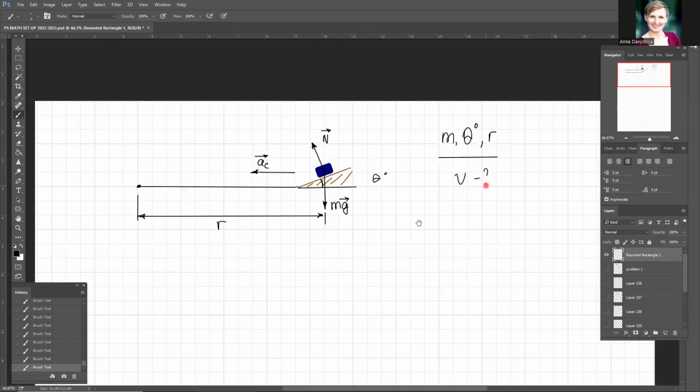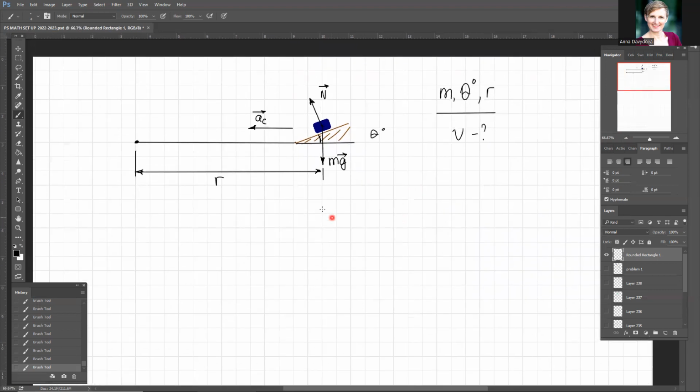This is what we will do. We'll start by writing the same equation as before, that the sum of all forces acting on a car equals MAC.